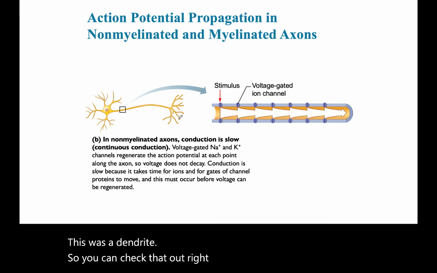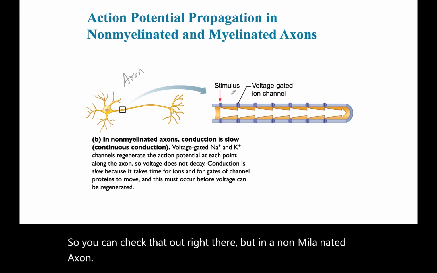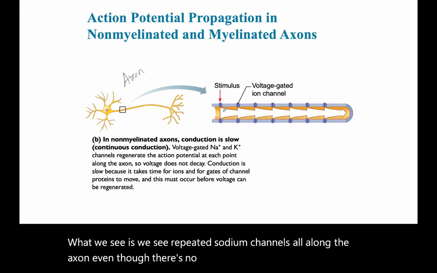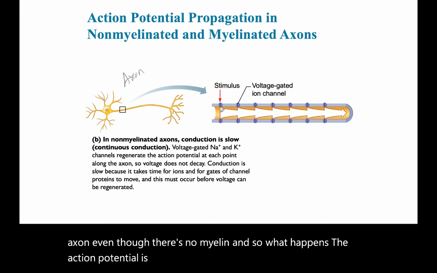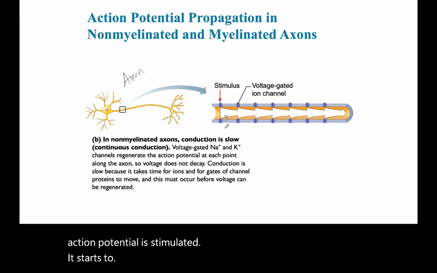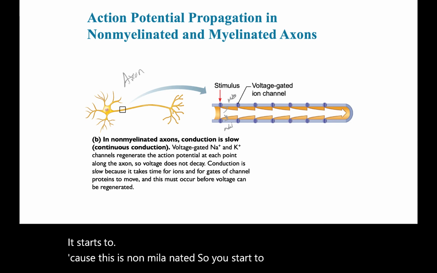But in a non-myelinated axon, what we see is repeated sodium channels all along the axon, even though there's no myelin. And so what happens? The action potential is stimulated. Because this is non-myelinated, you start to lose electrical current. But what happens?